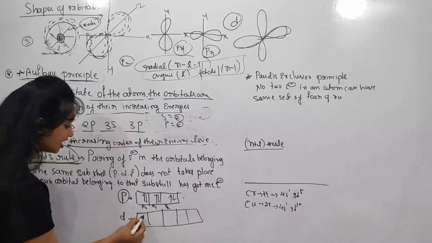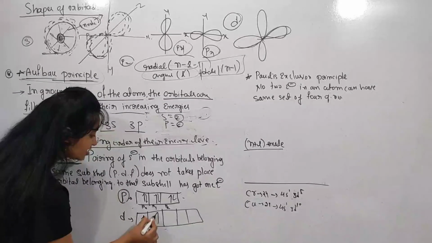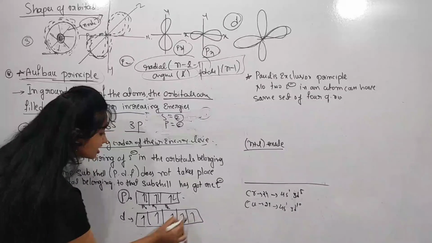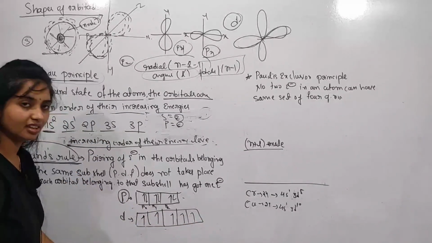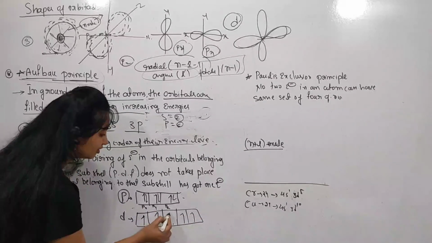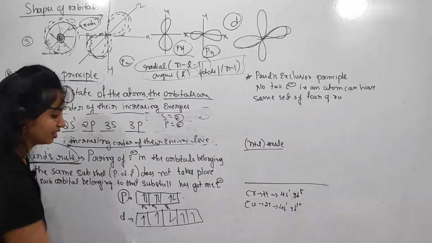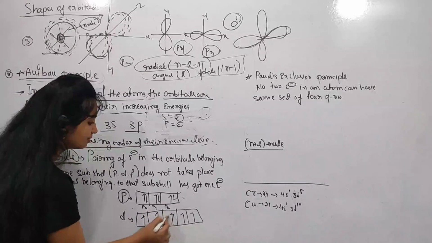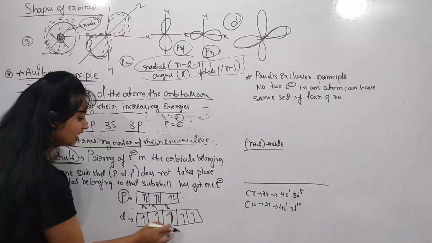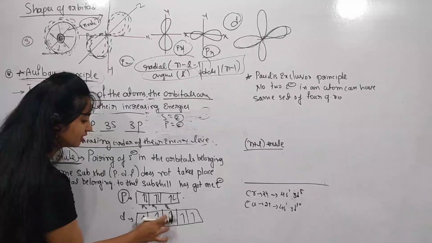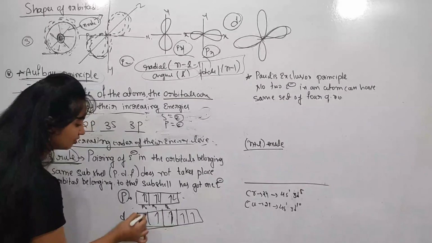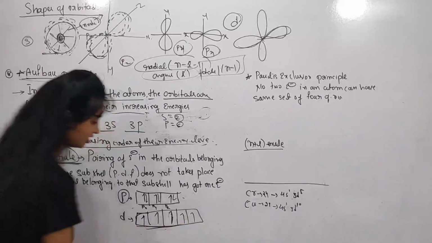Another condition is that each single electron must have the same spin. They are not filled with different spins; they must be in the same spin, the same direction. We fill like this.